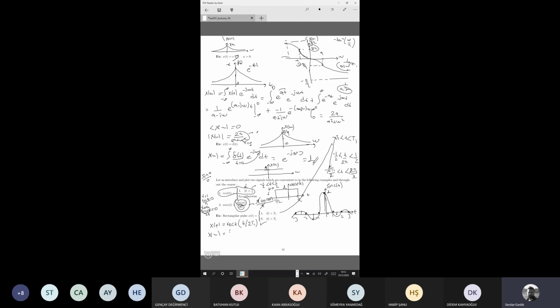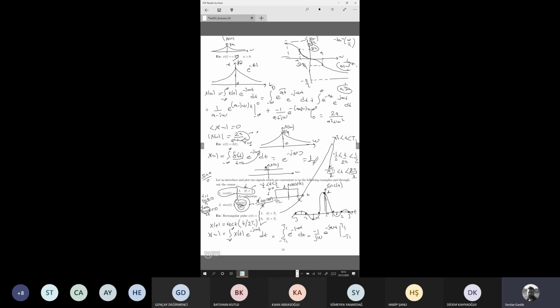X of omega is the integral from minus infinity to plus infinity of x of t e to the power minus j omega t dt, and this is the integral from minus t1 to t1 of e to the power minus j omega t dt, and it is equal to minus 1 over j omega e to the power minus j omega t from minus t1 to t1.